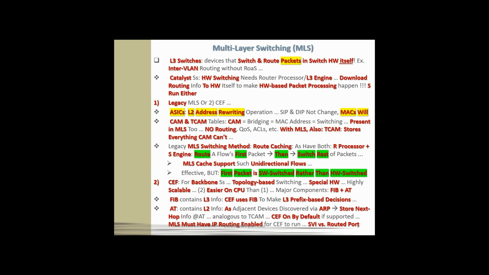Imagine that we have a router, and that router is connected to an MLS through a routed port. Even though IP routing is enabled, the ports on our MLS are still in layer 2 mode because that's the default for Cisco MLS switches or layer 3 switches.